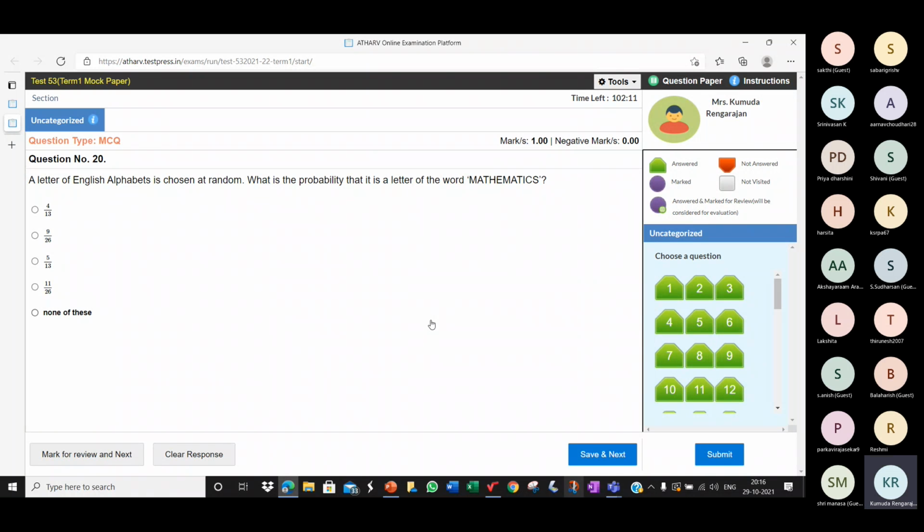So what is the probability that it will be a letter which is in the word mathematics? The word mathematics has 8 letters out of 26 letters. So 8 by 26, which reduces to 4 by 13, is the probability.